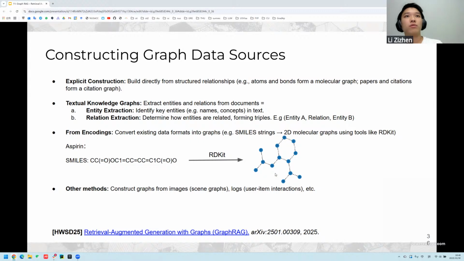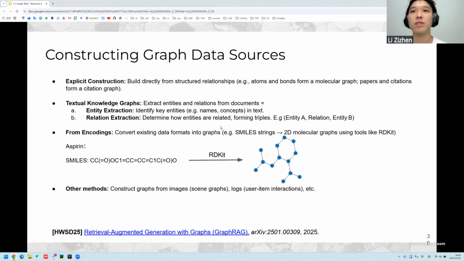To construct the graph data source, you can use several methods. For example, if it's explicit, you can use explicit construction if the data already forms a structural relationship, such as atomic bonds. Also, you can extract the graph from text. You can have some rule-based parser to extract the entity and the relationship from the passage and organize them into triples, like entity A, relationship, entity B. You can also use some encoders to convert an existing data format to a graph.